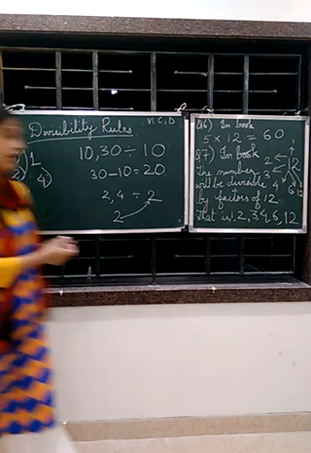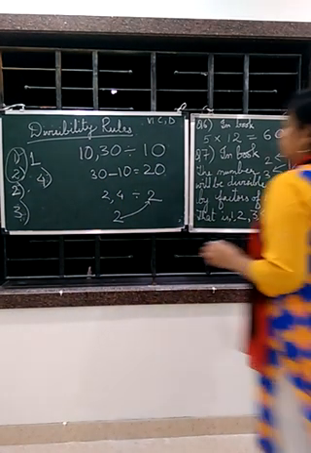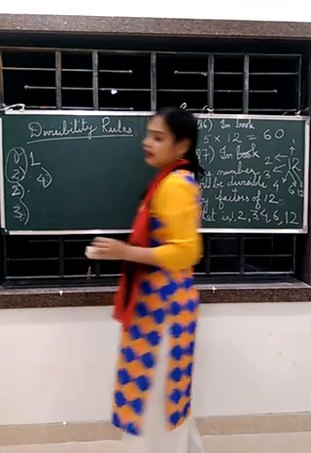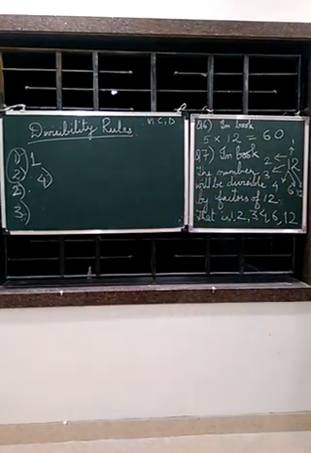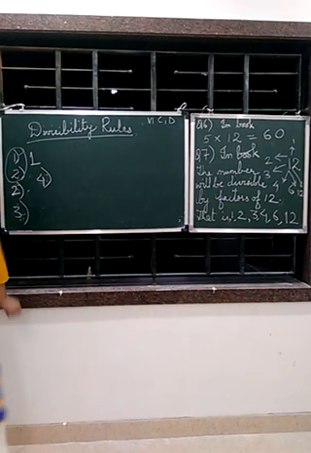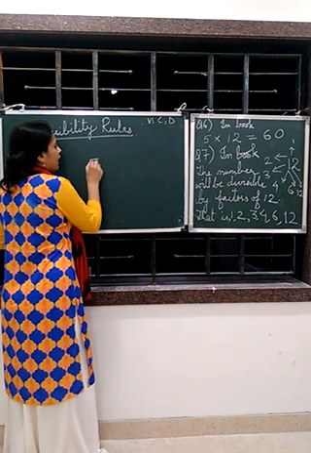That means, for example, let's take two co-prime numbers. Two co-prime numbers means whose common factor is 1. So like for example, you take 5 and 6.